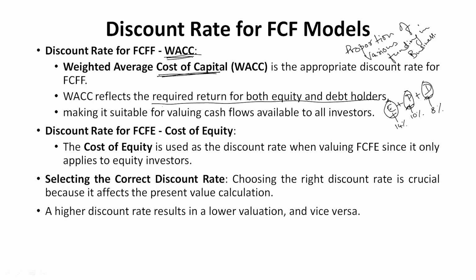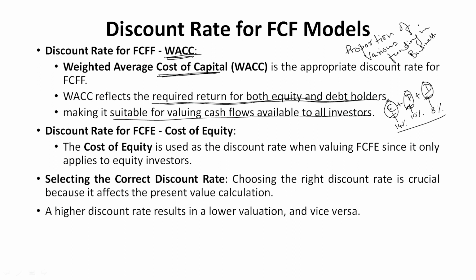This is the first criterion: each and every individual who is participating in the fund allocation has certain expectations in terms of return. And what I'm trying to do is make suitable cash flow available to all investors.